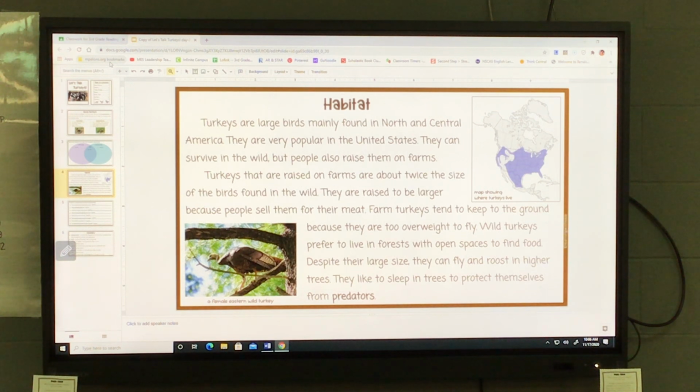Farm turkeys tend to keep to the ground because they are too overweight to fly. They're too fat. Wild turkeys prefer to live in forests with open spaces to find food. Despite their large size, they can fly and roost in higher trees. They like to sleep in trees to protect themselves from predators.